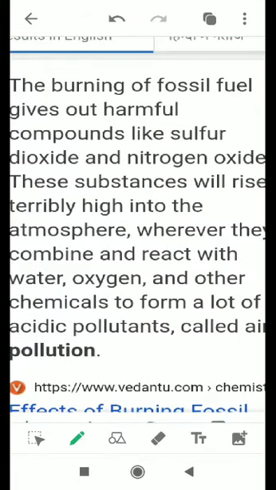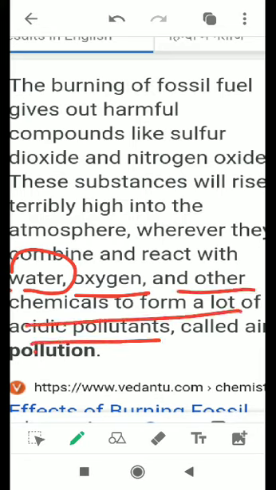Now, burning of fossil fuel gives out harmful compounds. I told you the compounds like sulfur dioxide, nitrogen oxide. These substances rise high into the atmosphere, where they combine and react with water and oxygen to form acid rain and a lot of acidic pollutants, causing air pollution.